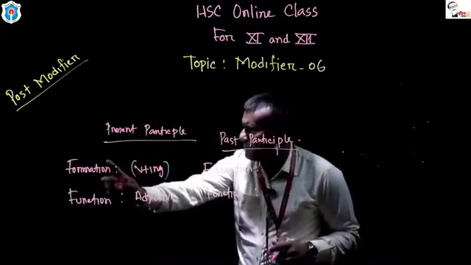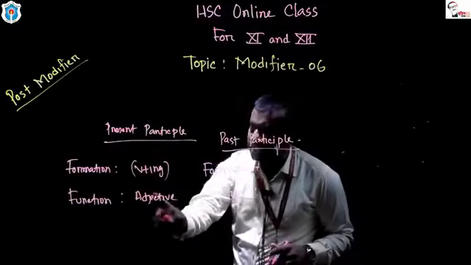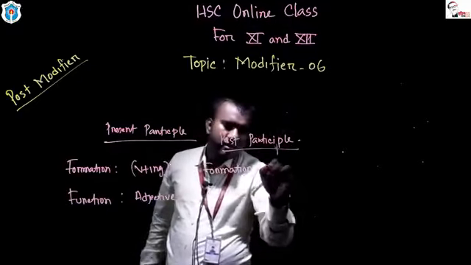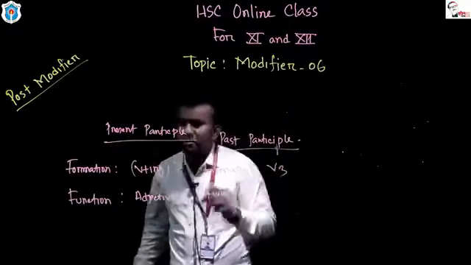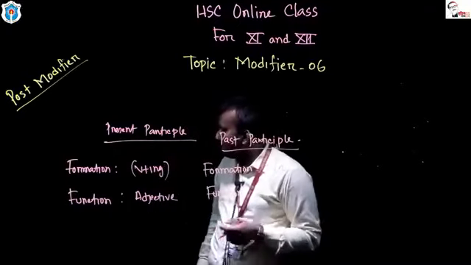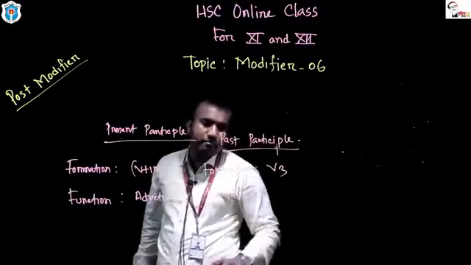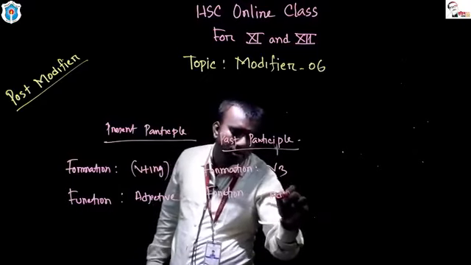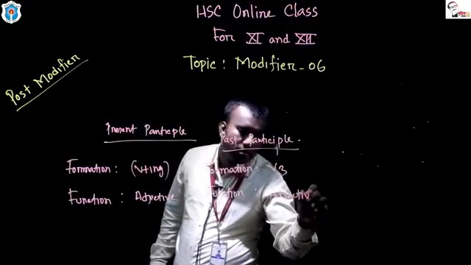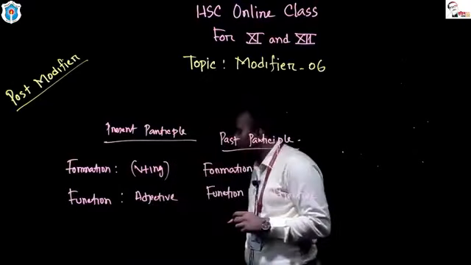Present participle: structure, verb plus ing, function, adjective. Past participle: formation V3, that is the final form of verb, and function, adjective. Clear? Clear, dear students?